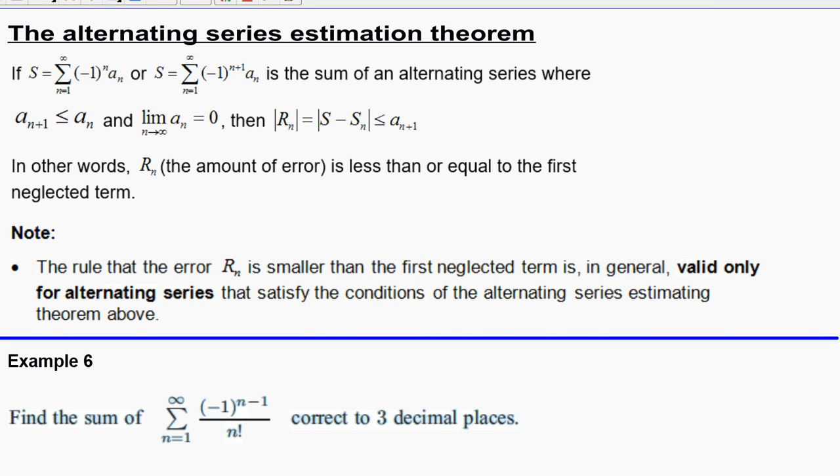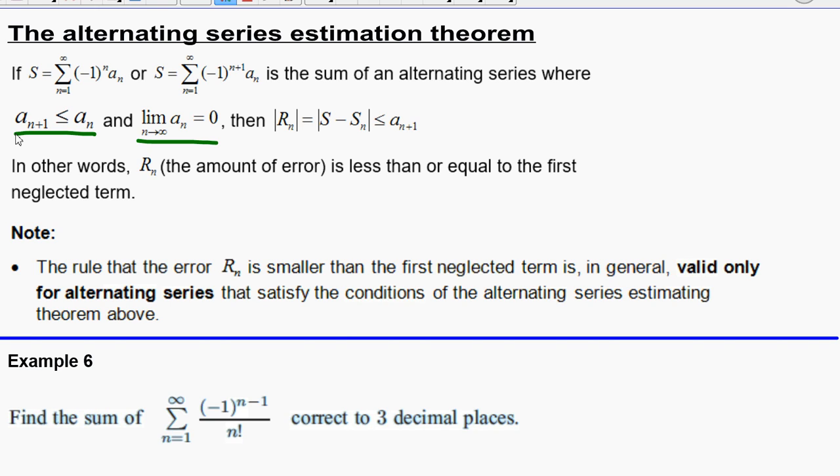If an alternating series converges, which means S sub n plus 1 is less than S sub n, and the limit of S sub n as n approaches infinity is equal to 0, then we can say that the absolute value of the remainder involved in approximating the sum of this series is less than or equal to the first neglected term.